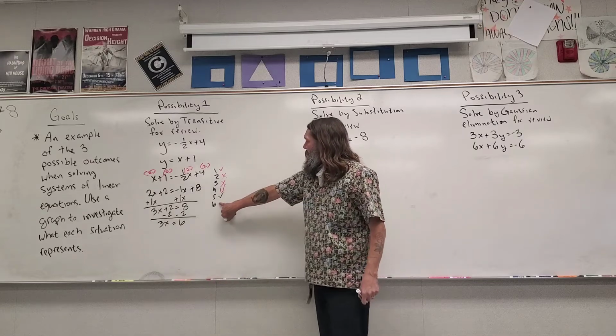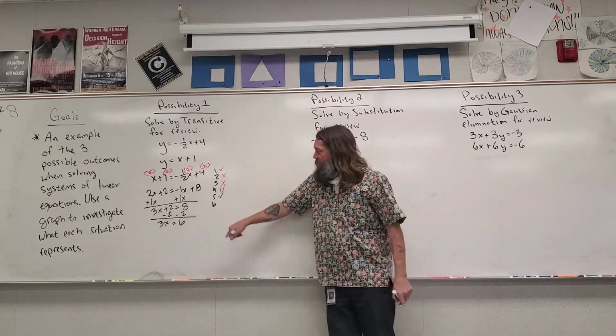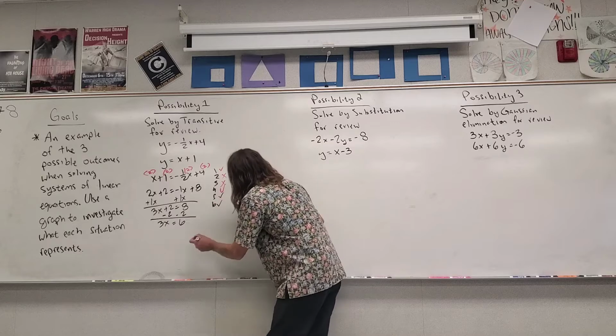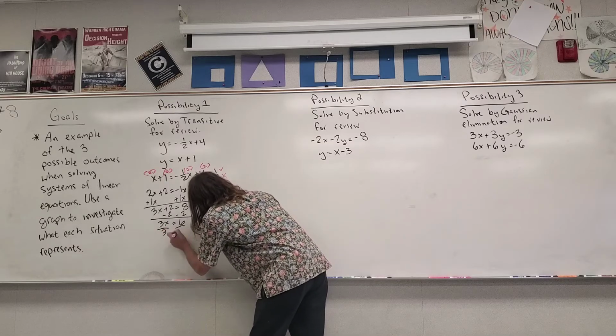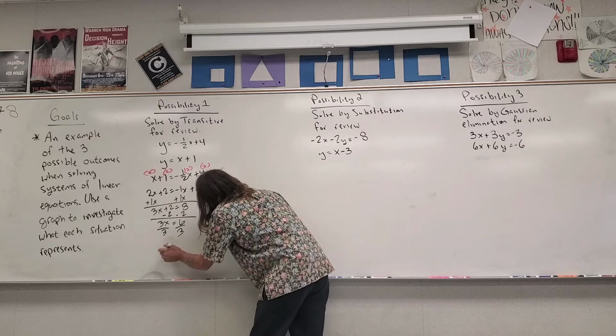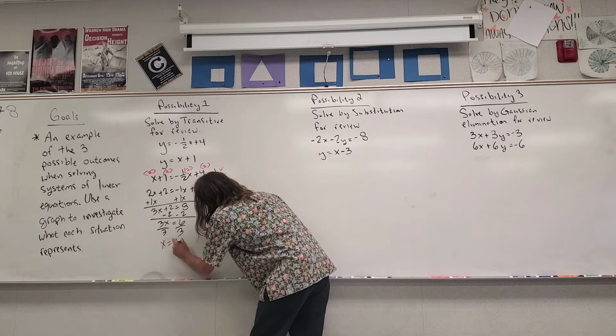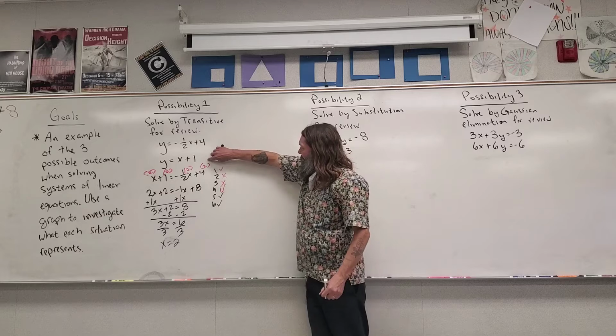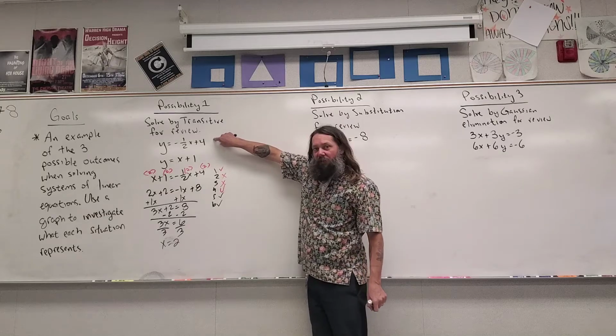Can I divide away a number from the variable side of the equation? Yes, I can. I'll divide everybody by 3. And I get x is equal to 2. Now I'm going to use my x value in either equation to find my y value.